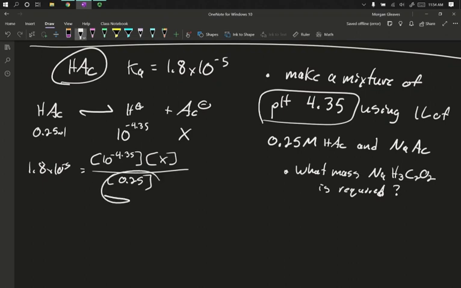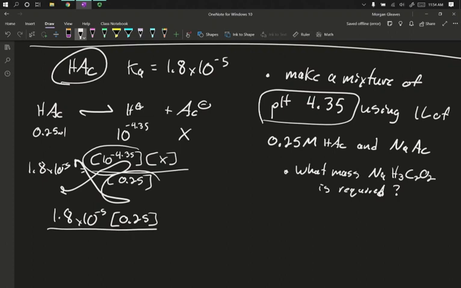What amount of acetate is going to make that happen? Well, rearrange: multiply the acid up, divide the H+ down. 1.8 times 10 to the minus 5 times 0.25 divided by 10 to the negative 4.35. All that has to equal the acetate. So for these set values of starting material and target pH, what amount of acetate would make the equilibrium balance out here?